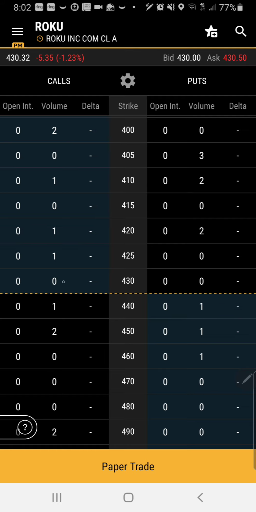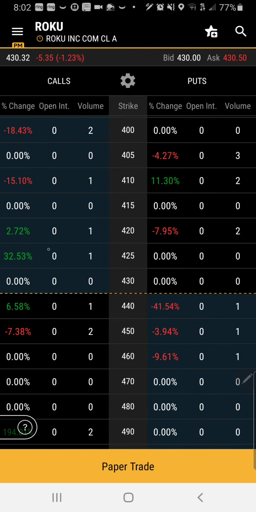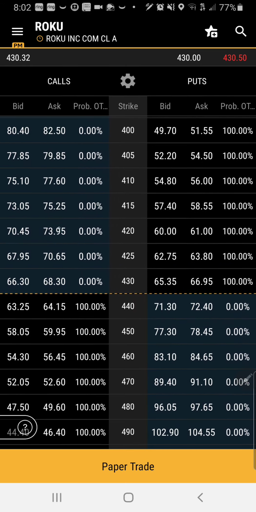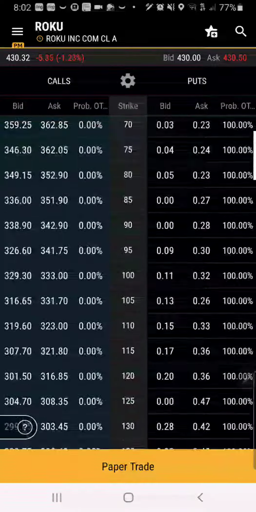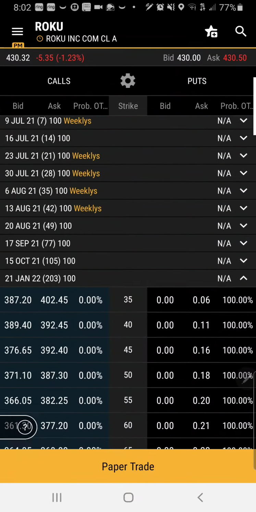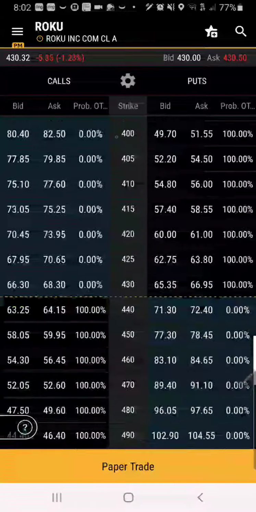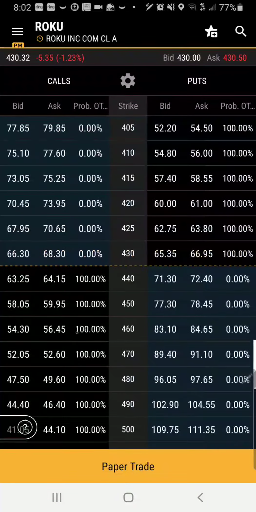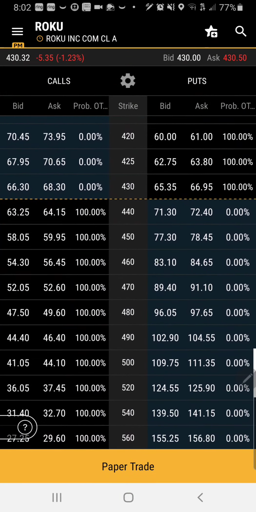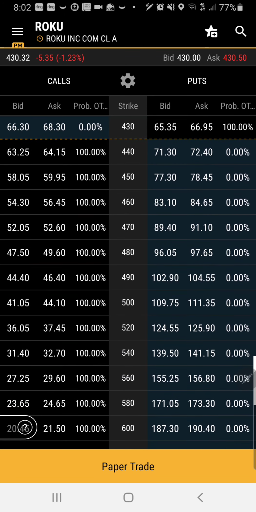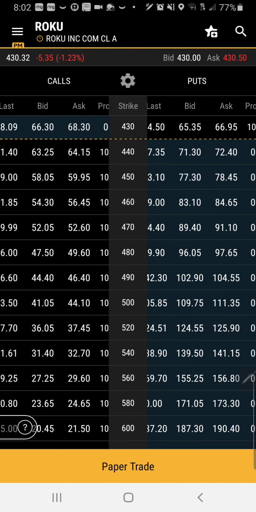Volume is basically how many exchanged hands that day. And you can see these aren't very liquid, but I think I picked a pretty far expiration. Yeah, January 2022. Instead of going through the other columns, because the next part that I have is the Greeks, I'll cover the Greeks in another video, but right now let's get into buying a contract.